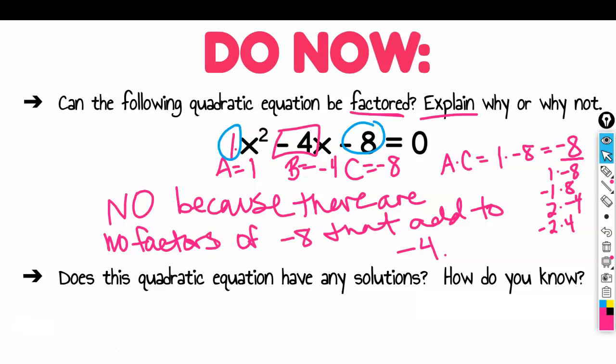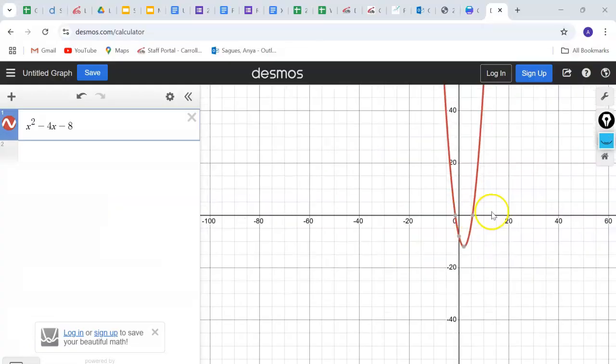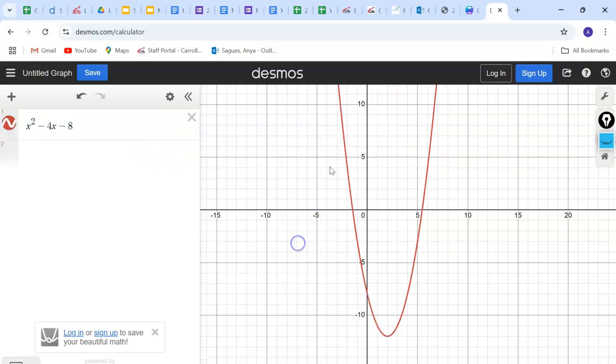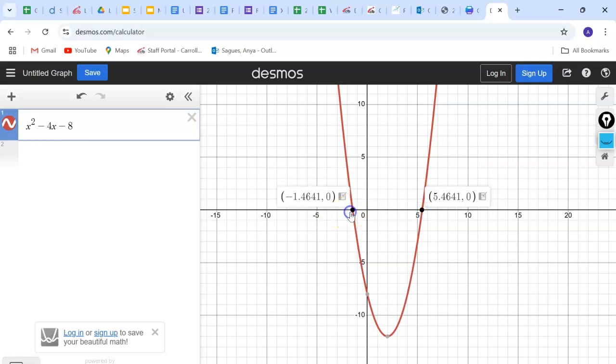So first I am going to graph this. Now I check this equation, x squared minus 4x minus 8, in Desmos, and I find that, okay, it does have x-intercepts. It does have solutions. However, these solutions are really ugly, really nasty, really disgusting decimals.